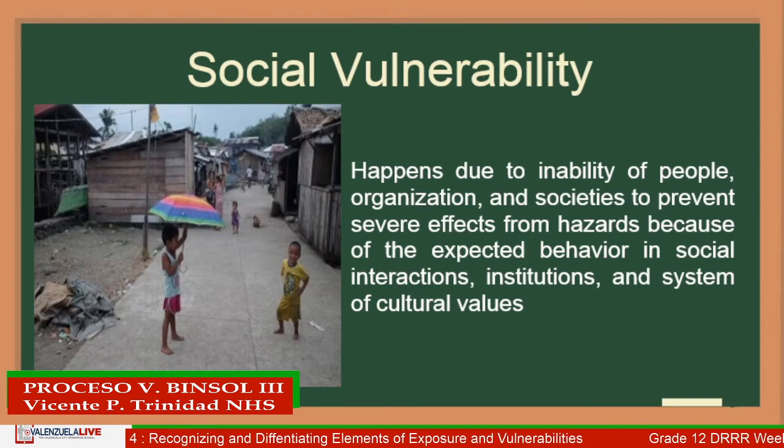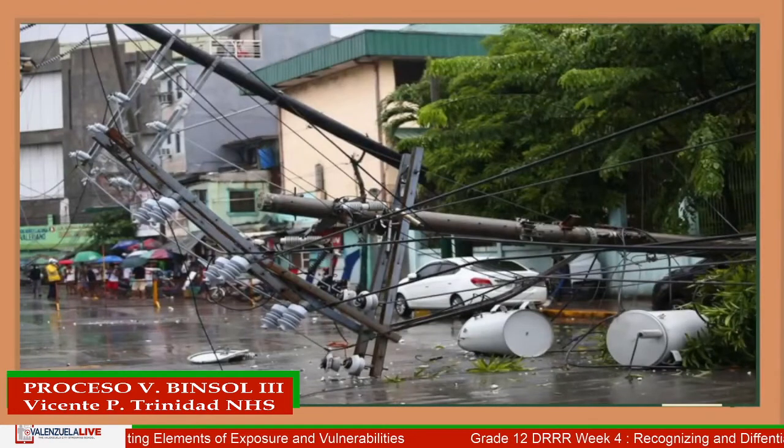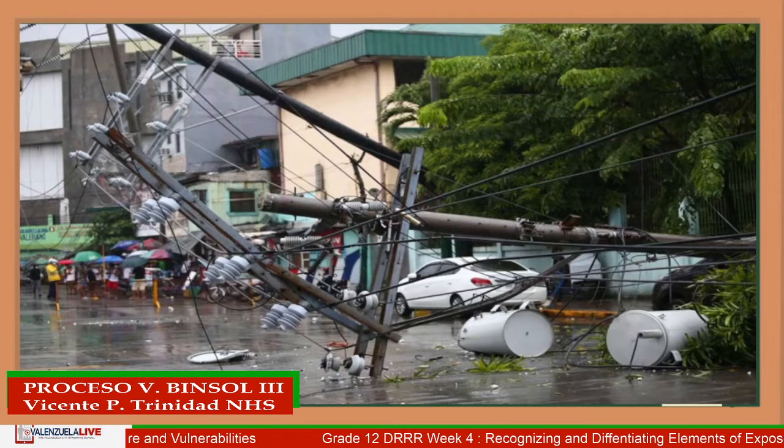Now, another example is the second image. This image shows that during typhoon, the lines of communication were cut off. When cell sites shut down or are disrupted, the transportation systems are also disrupted due to inability of small vehicles to pass through the flooded areas or unpassable roads and bridges.